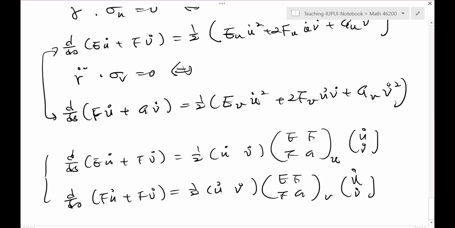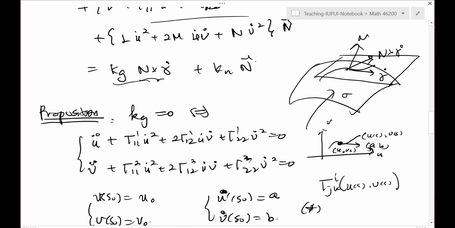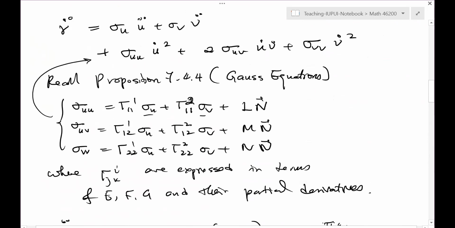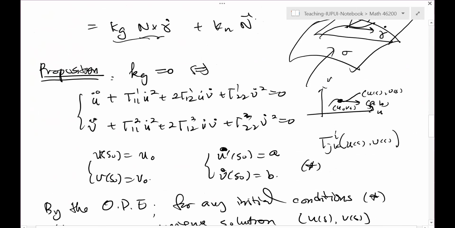In the first one, you have to compute those coefficients first in order to solve the equation. The Gamma ijk depend on E, F, G and their partial derivatives.